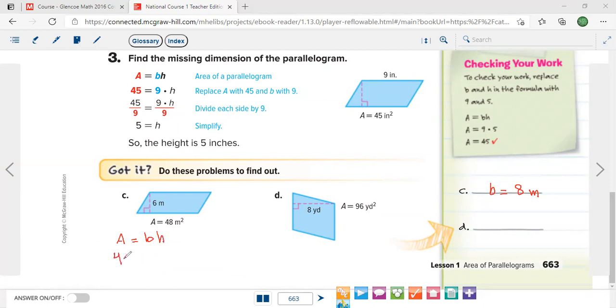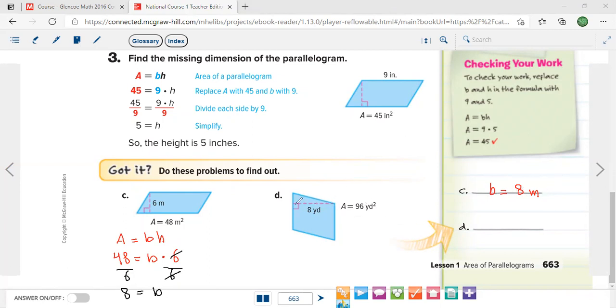So the area is 48, the base is unknown, multiplied by the height, which is 6. This is a multiplication equation, so we use division, over 6 over 6. Now 6 is gone, so B remains alone on the right hand side. 48 divided by 6 is 8. And of course we say meter, we don't say meter squared because this is not an area, this is a length, so just meter.